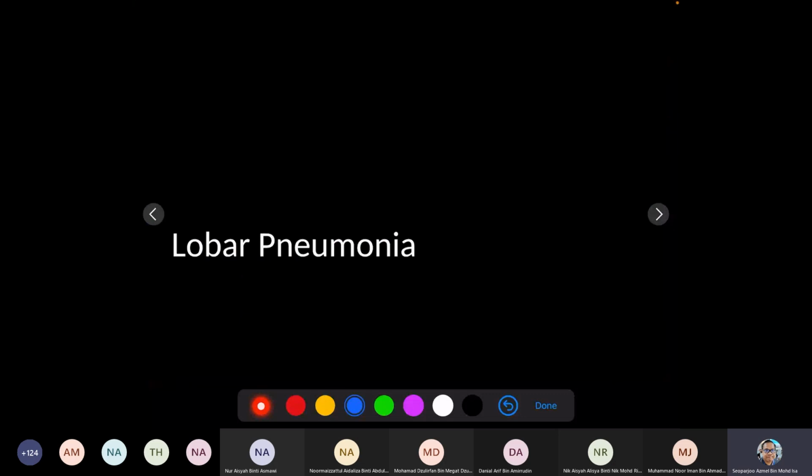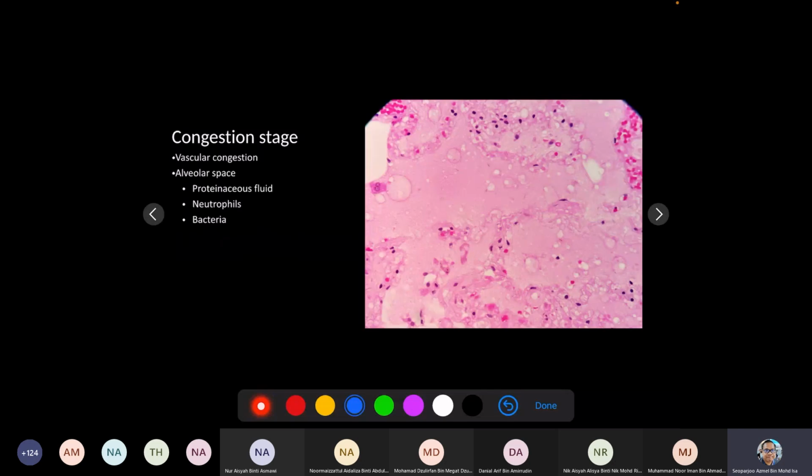Next is the lobar pneumonia. You can see there are differences between the broncho and the lobar pneumonia. The lobar pneumonia has a few stages. The first stage is the congestion stage, where you can see vascular congestion. You can see the vessels are dilated, like here. The red dots there are the red blood cells within the vessels.